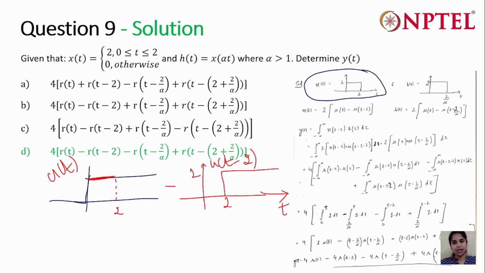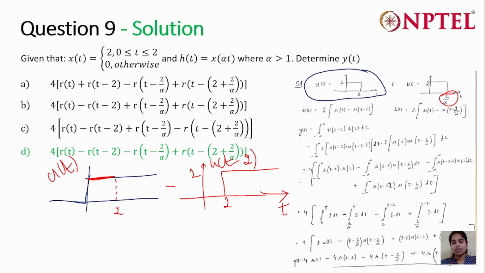So it is 2 into u of t minus u of t minus 2. Same way, I am writing h of t: 2 into u of t minus u of t minus 2 by alpha. Instead of 2 here, we have 2 by alpha here. So it's t minus 2 by alpha.